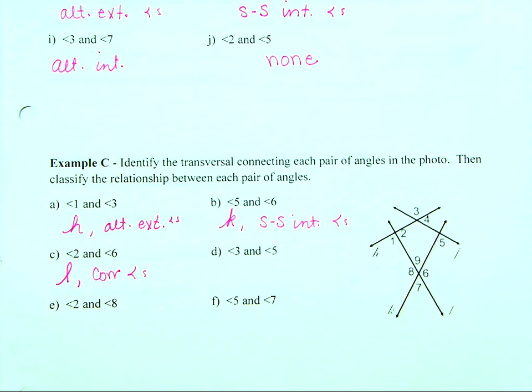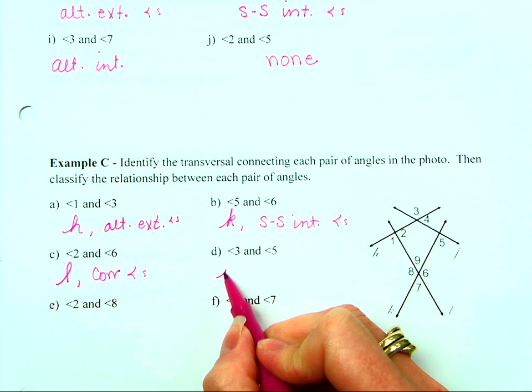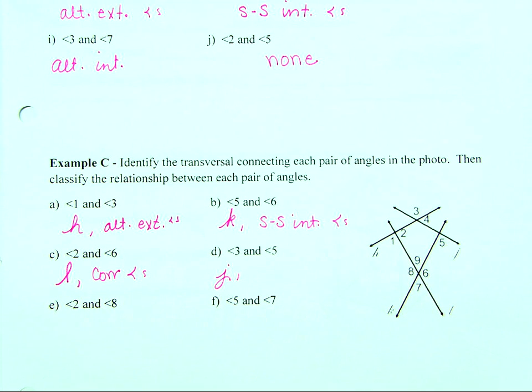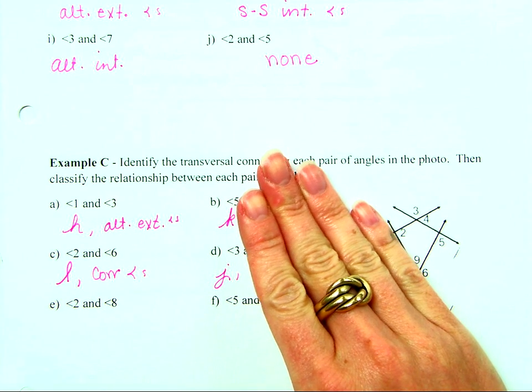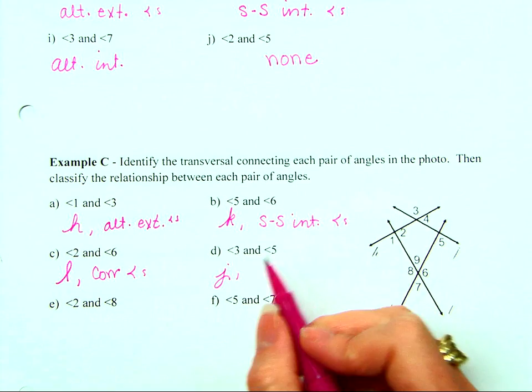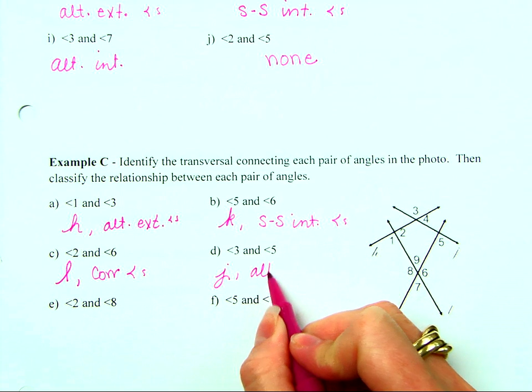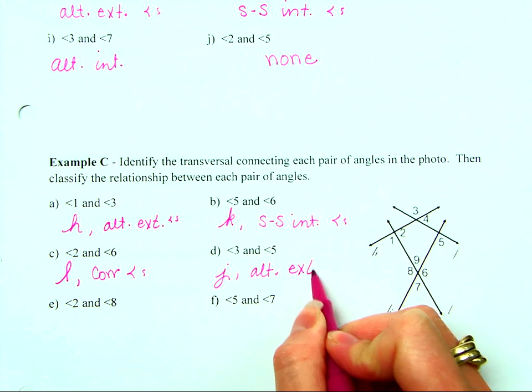Angle 3 and angle 5, well, when I look at the line connecting them, this line here as my transversal is transversal J. Again, I'm ignoring this part of my diagram, and 3 and 5 would be considered on the outside. They are going to be alternate exterior.